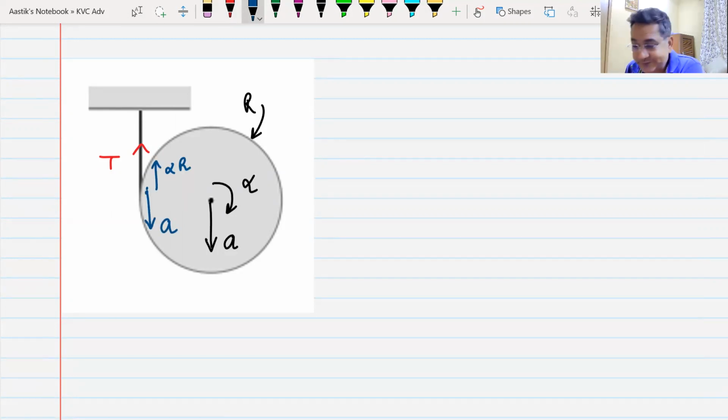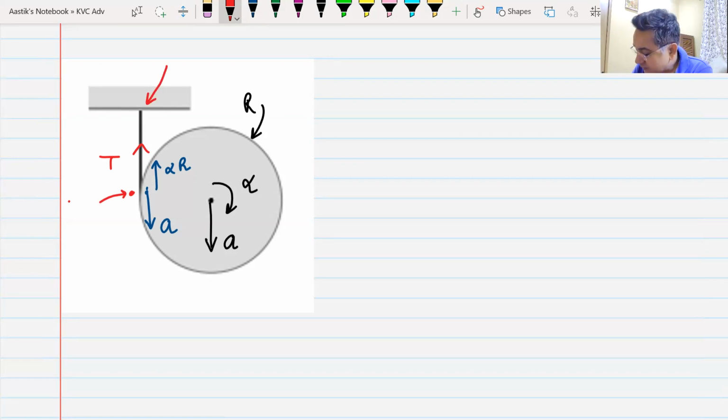So far so good. Then I have to take one point on the string. What is the acceleration of this red point which is on the string? Zero, sir. Well done. This string is not going anywhere. It is not accelerating. It is fixed at this point. Yes or no?